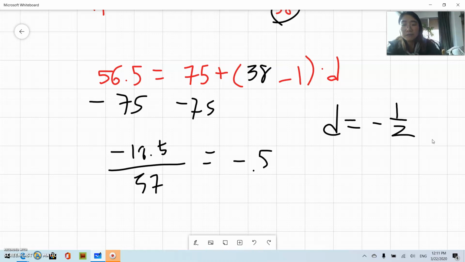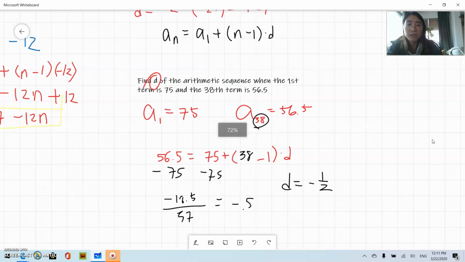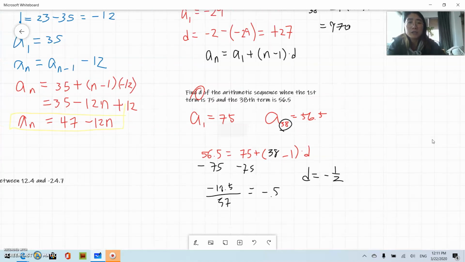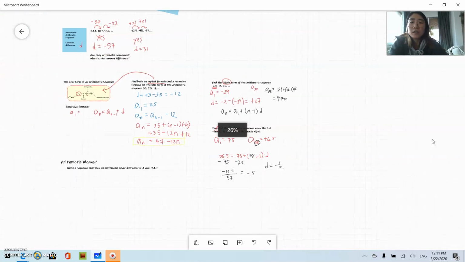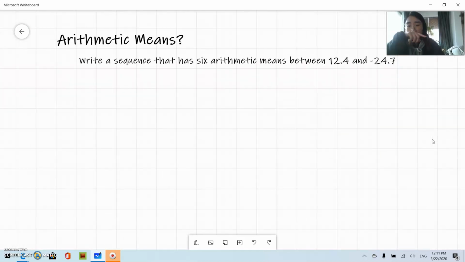Easy enough? Let's see. One more concept that we have to learn today is arithmetic means, right? Last thing of today's lesson. So arithmetic means is kind of a fancy way of saying the missing terms between two terms, so non-consecutive terms that are missing from the sequence.